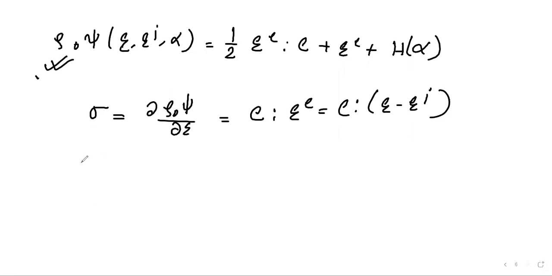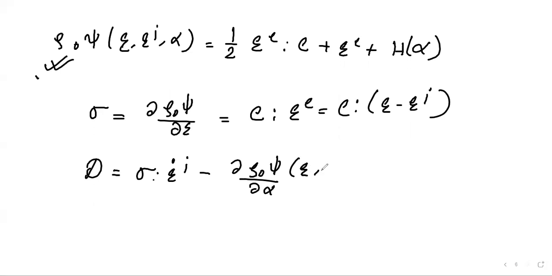The dissipation inequality we have is D equals sigma, epsilon I dot, minus rho del alpha rho psi of epsilon I and alpha, dotted with alpha dot.